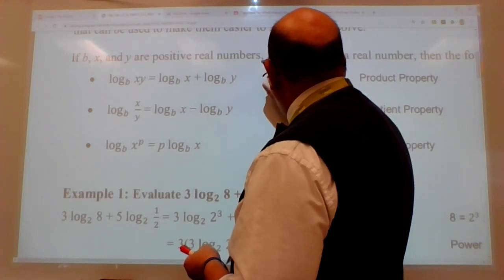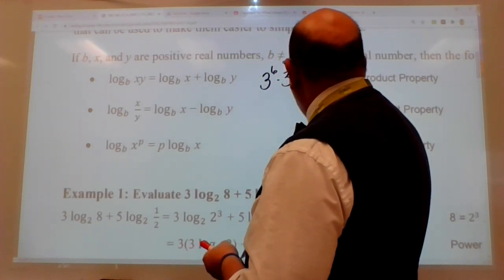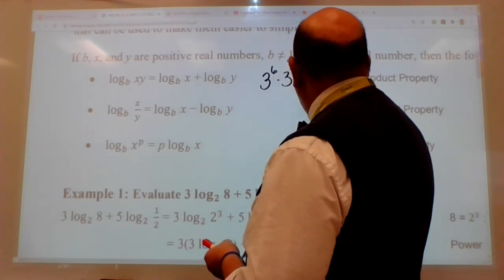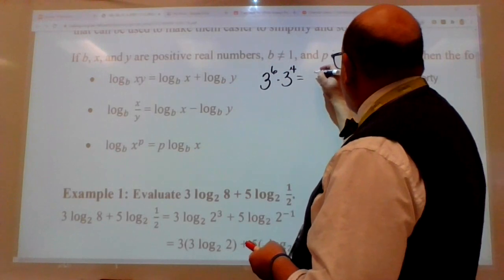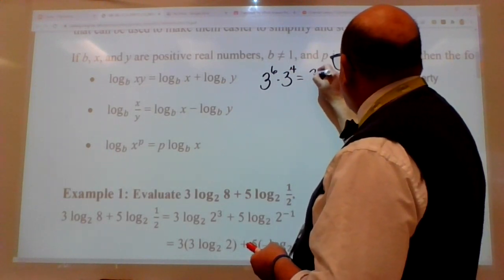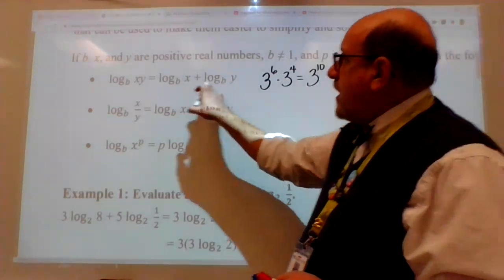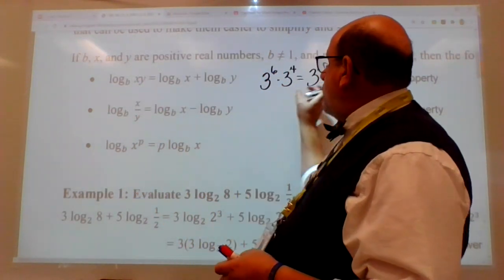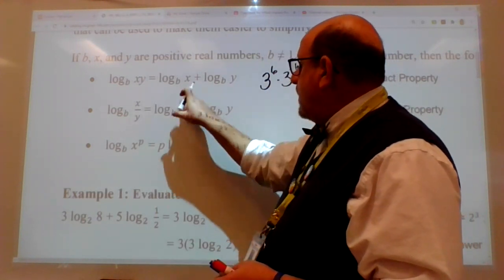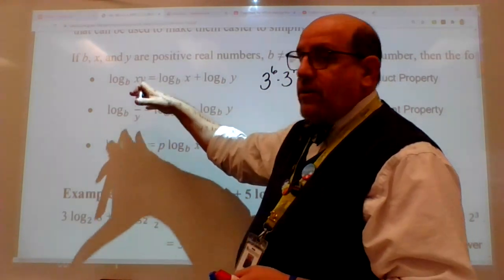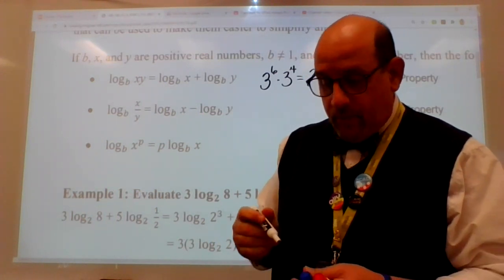If you have 3 to the 6th power and 3 to the 4th power, because they have the same base, we just add these exponents together, and this is the same as 3 to the 10th power. All right, this is actually the same thing because remember, logs are written in a different way, right? So the x and the y are actually your exponents, and they're being added together. We're just using logarithmic form to do that.